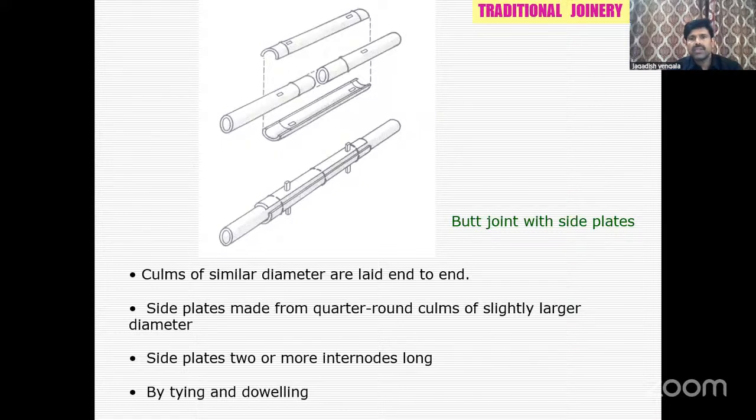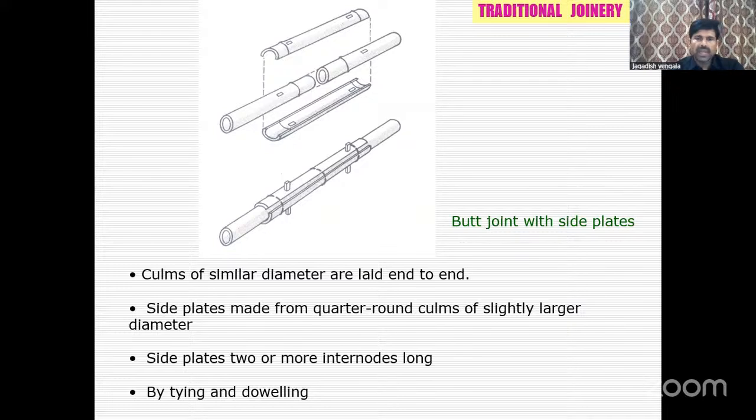Next is a butt joint with side plates. This is very interesting. Two members, without disturbing those members. That means you won't cut them, you are just joining by attaching additional side plates. These are also split bamboos. You can see here we take a slightly larger diameter because it has to close.